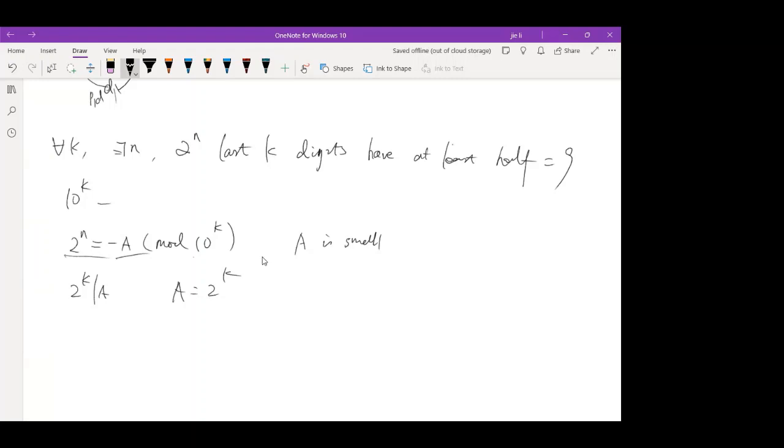And if we do that, you will see this equals negative 2 to the kth power mod 10 to the kth power. This is equivalent to 2 to the n minus k power equal to negative 1 mod 5 to the kth power. And we just need to show this definitely exists. And how do we do that?